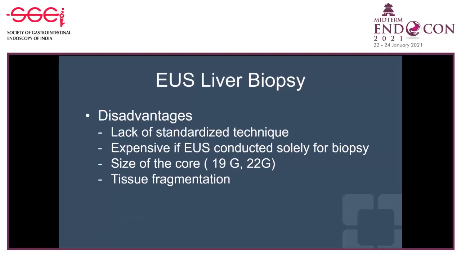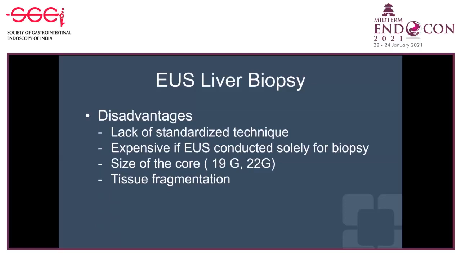There are some disadvantages, and I would like to start at the top of the list with the lack of a standardized technique, as we'll talk about a little bit later. Endoscopic ultrasound is an expensive test, and if it is conducted solely for liver biopsy, I'm not sure the expense can be justified at this point.